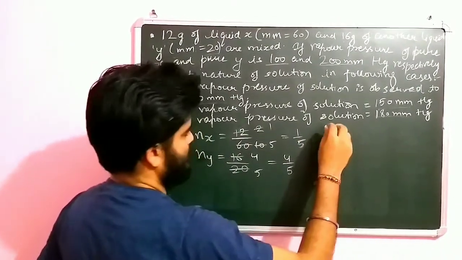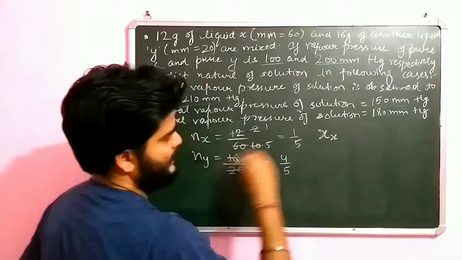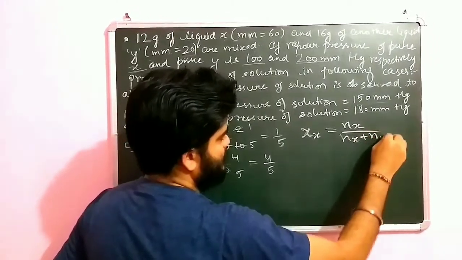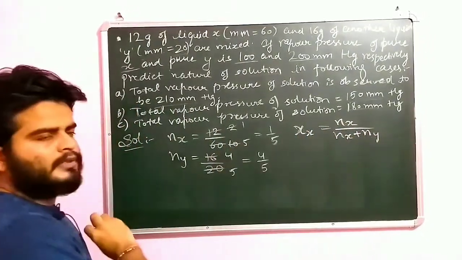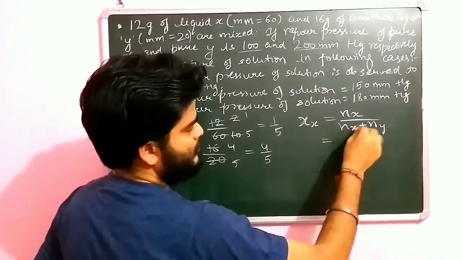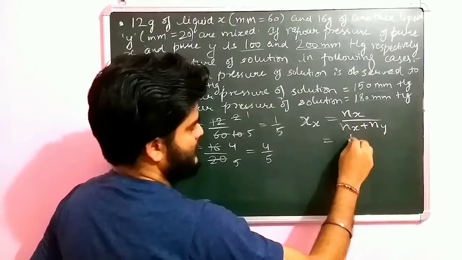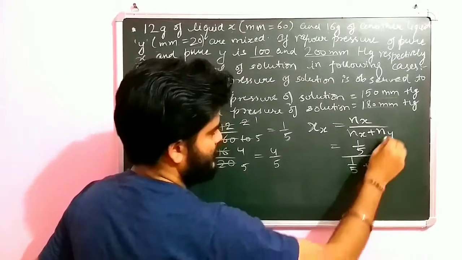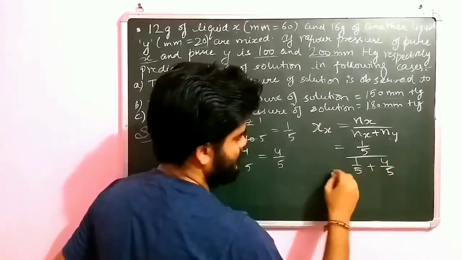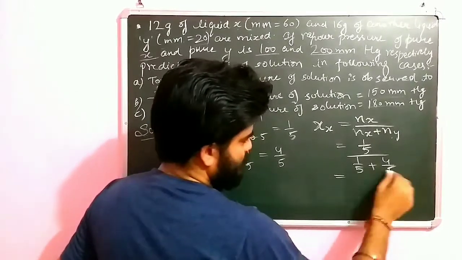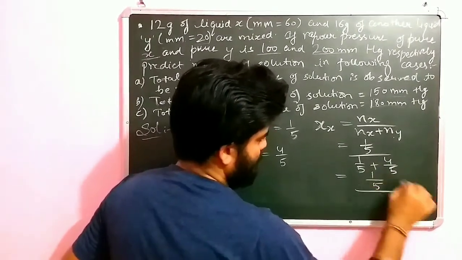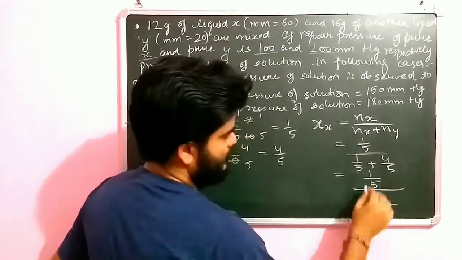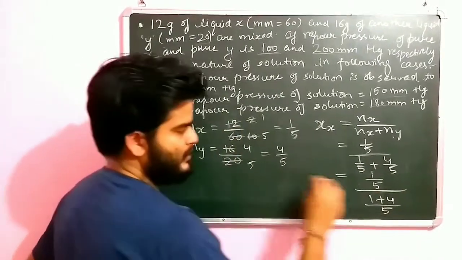Now we can find out the mole fraction of X, which will be equal to number of moles of X upon total moles of solution, which is number of moles of X plus number of moles of Y. So this comes out to be 1 by 5 upon 1 by 5 plus 4 by 5. As you can see, when I solve this part, this will give me 1 because the denominator is 5 and numerator comes out to be 1 plus 4.